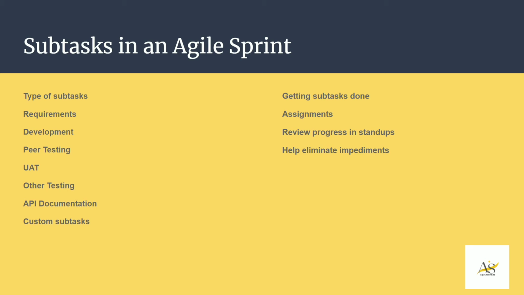Important point is you don't want to make these subtasks in sequence order. You want to get them done in parallel as much as you can. Documentation, testing subtasks, different types of testing subtasks, right? All of these can be done in parallel, and that's the whole idea of Agile. So you want to have the team work in parallel.